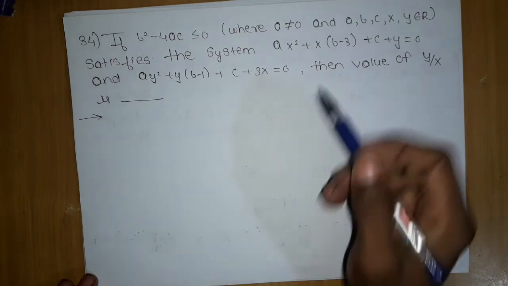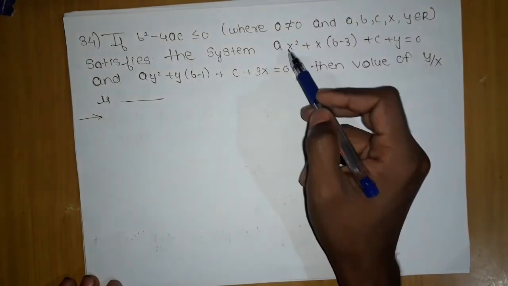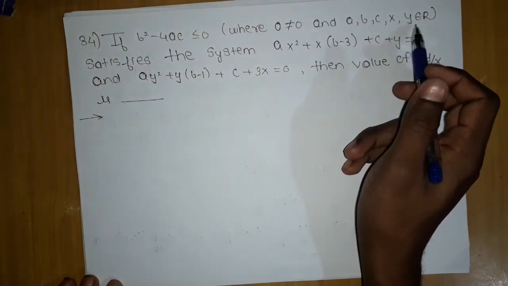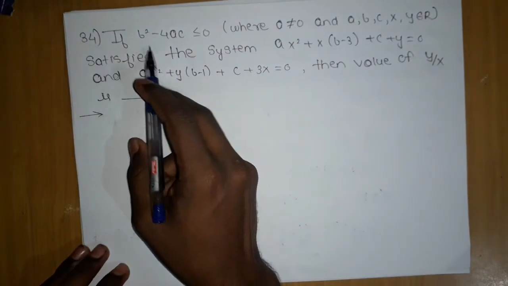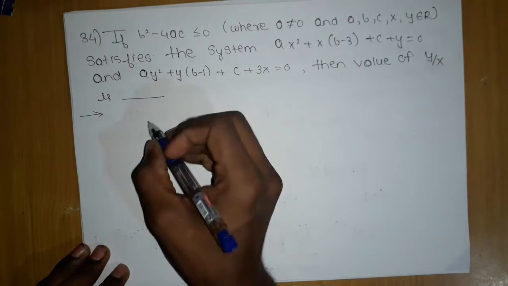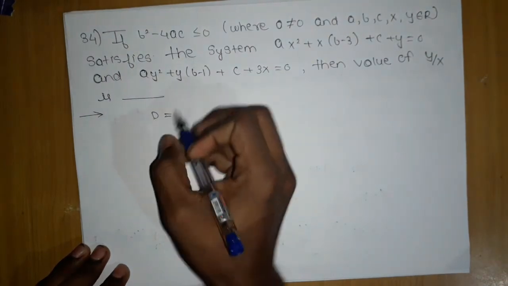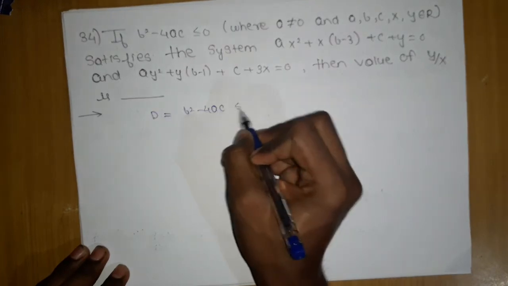So this condition is satisfied by these two equations for which x belongs to R and y belongs to R, and belonging to R means only one condition, d greater than or equal to 0, which we can use. Further, this is a d, which is b square minus 4ac, and it is less than or equal to 0.